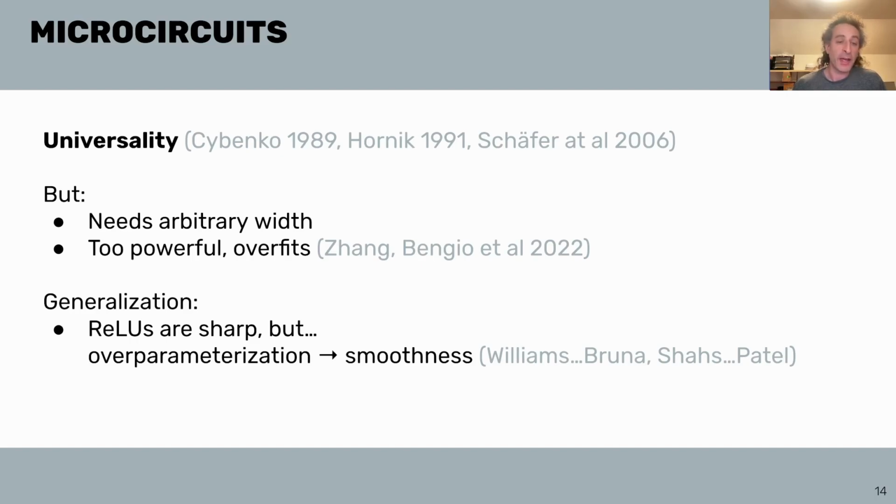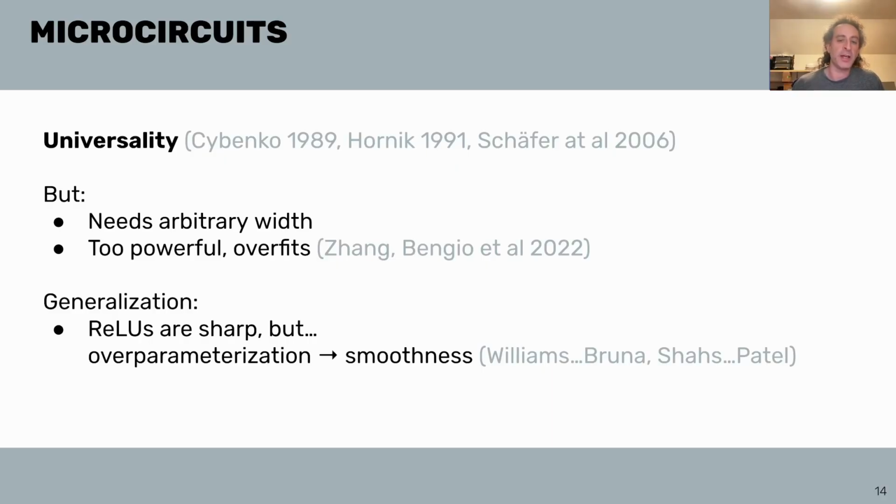People have, however, looked at generalization properties of some of these networks and found that in the limit of large overparameterization, like massively wide networks, there are some things that emerge naturally. In particular, you get a certain smoothness out of these large networks.